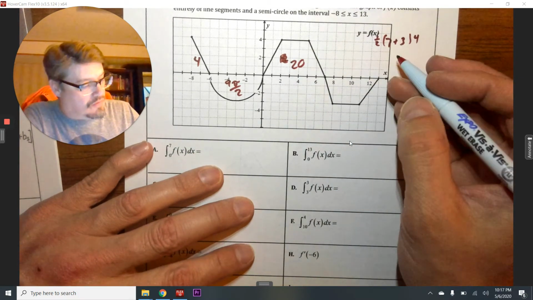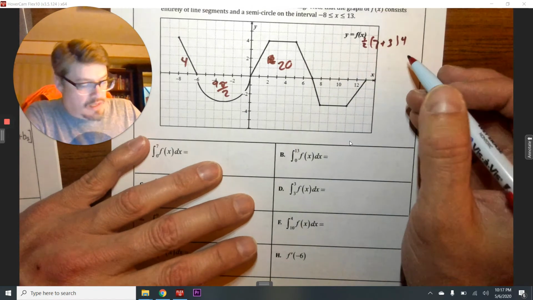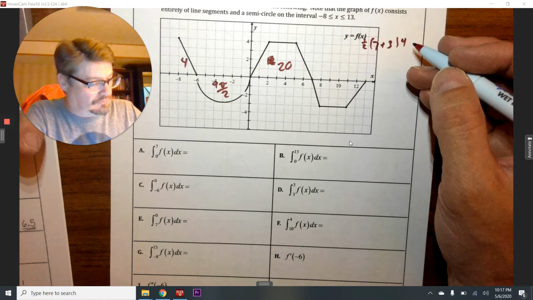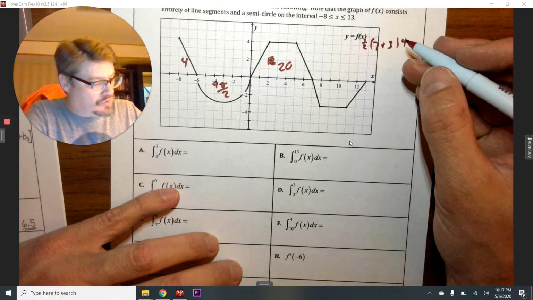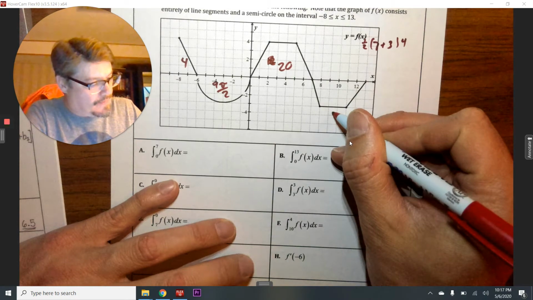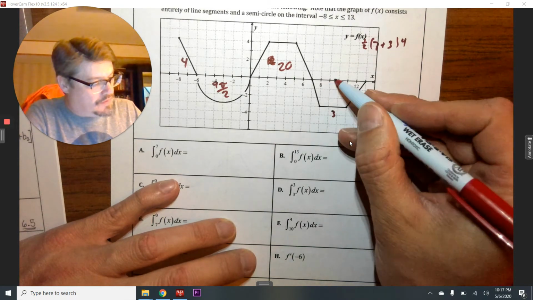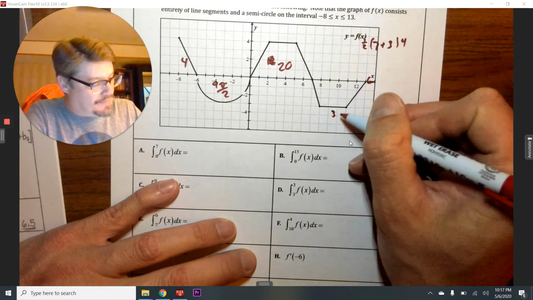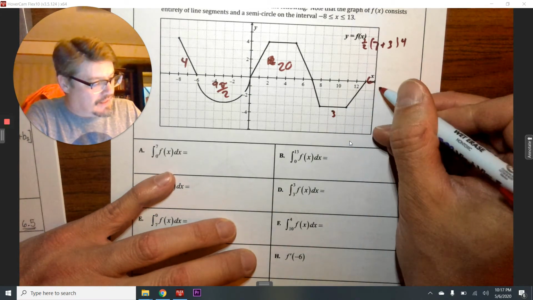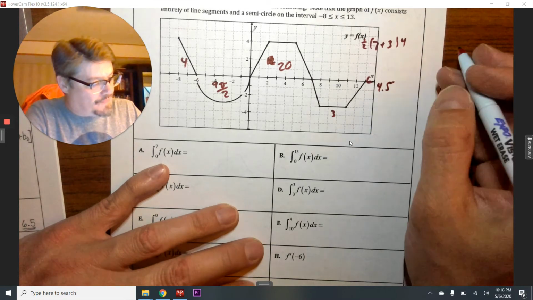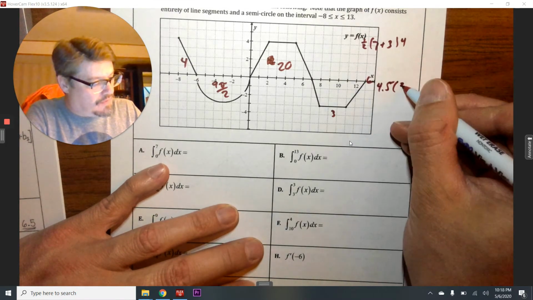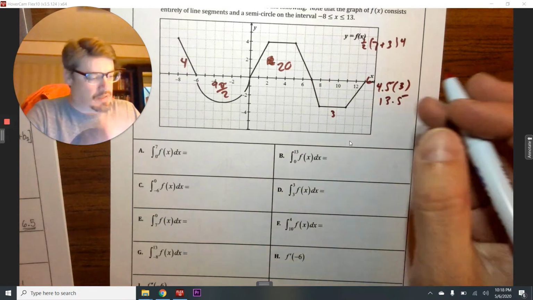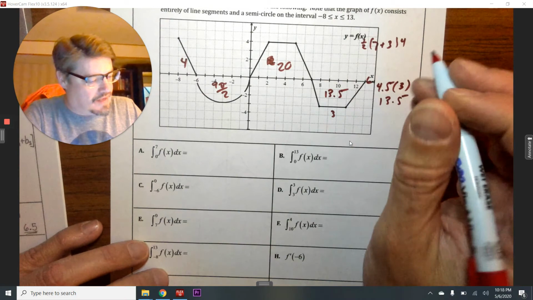For this one, you've got 3, 1, 2, 3, 4, 5, 6. Together that's 9, cut in half is 4.5, multiplied by 3, which is going to be 13.5. So this whole thing is 13.5.